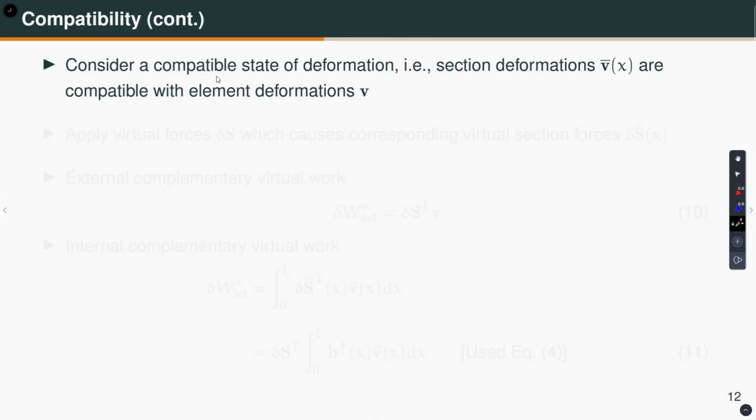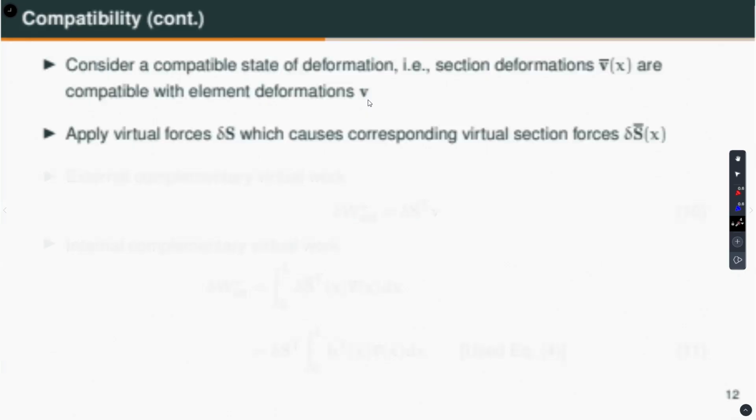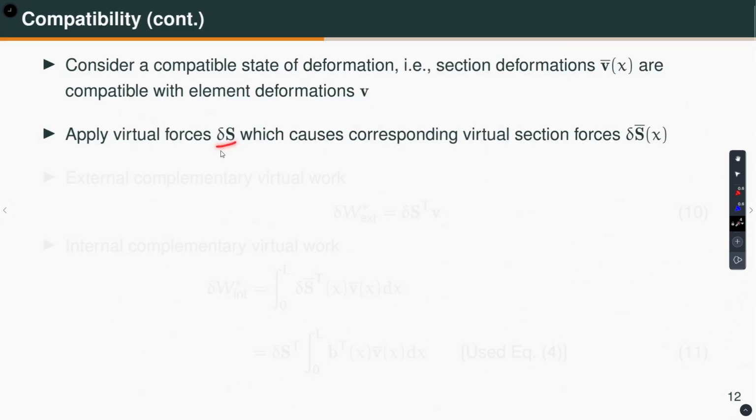Consider a compatible state of deformation, that means V bar x, my section deformations, are compatible with element deformation V. Now, apply virtual forces delta S. Delta is used to denote a virtual quantity, which causes corresponding virtual section forces delta S bar x.